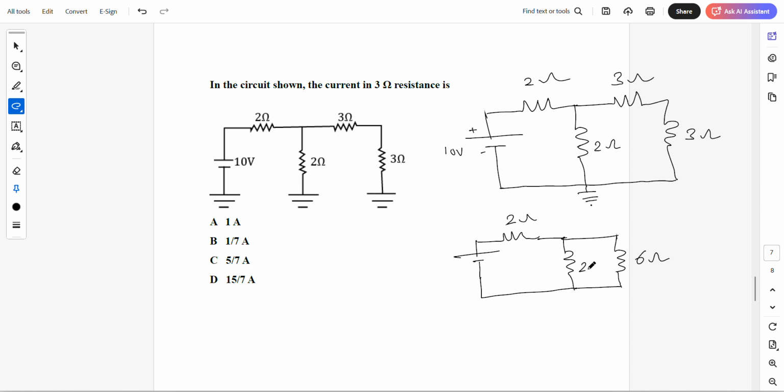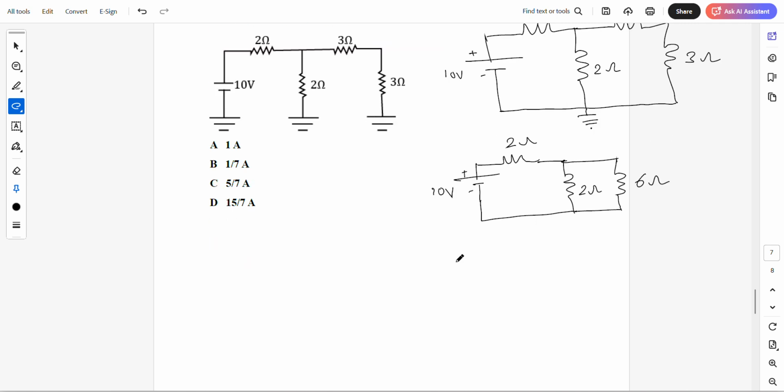This 6 ohm and this 2 ohm, and this is plus minus 10 volts. What about this one? This is 10 volts. 2 ohm in parallel with 2 ohm.